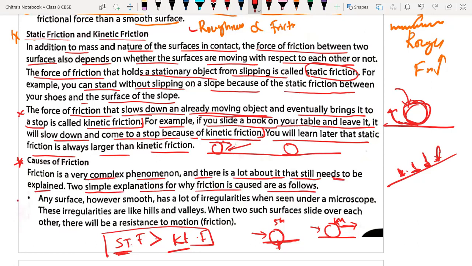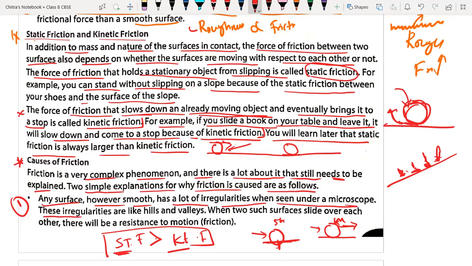Number one: any surface, however smooth, has a lot of irregularities when seen under the microscope. It is not perfectly smooth, but the roughness is very small.